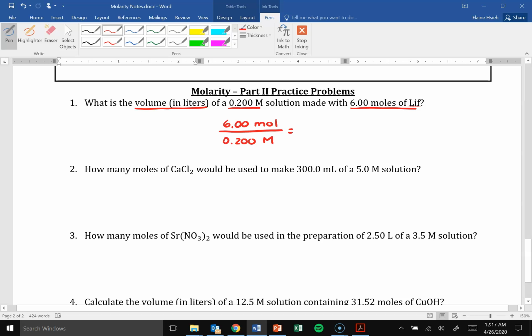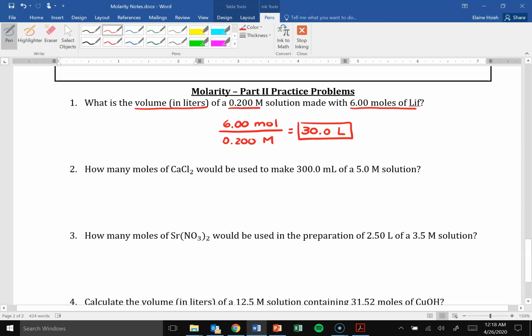Right? Plug that into your calculator, and the answer is 30. All right, and I need 3 sig figs, so I'm going to do 30.0, and the answer is liters. 30.0 liters. There we go.